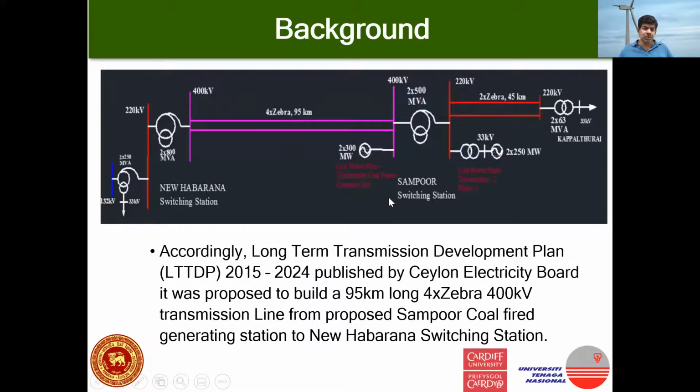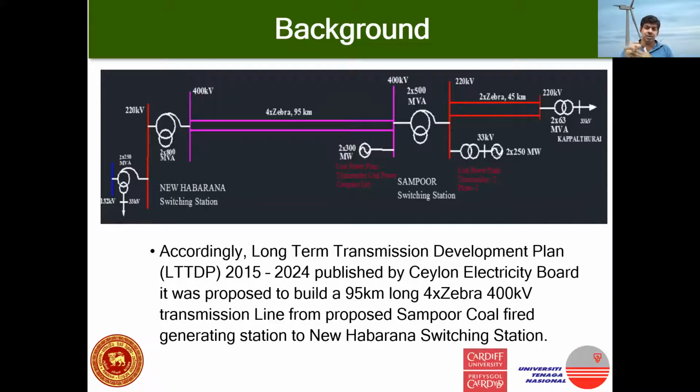Let me take you through an example to highlight this process. A long time ago, we had an idea, now abandoned, but I took it as an example. We had an idea to build a large coal power plant in Sampur, which was originally 900 megawatt, then went up to 1,200 megawatt.